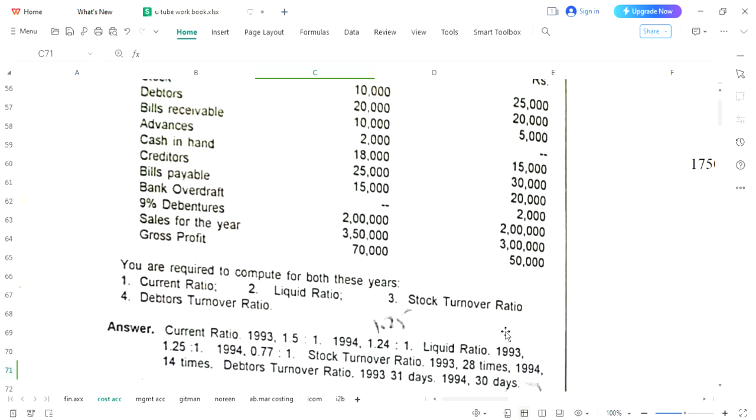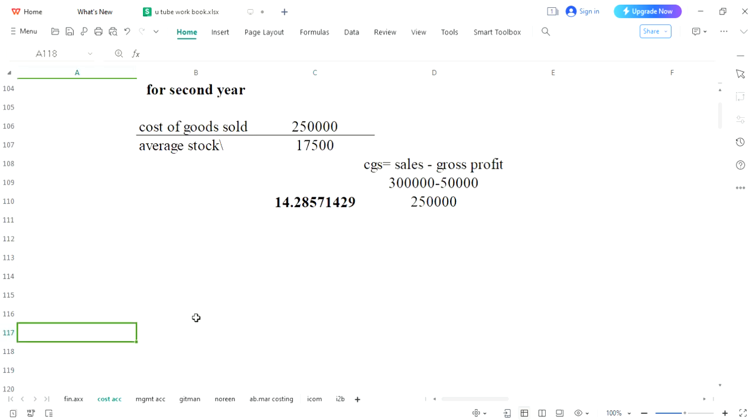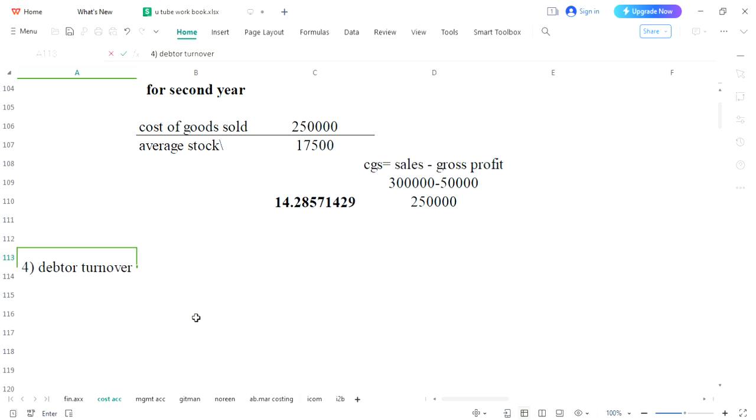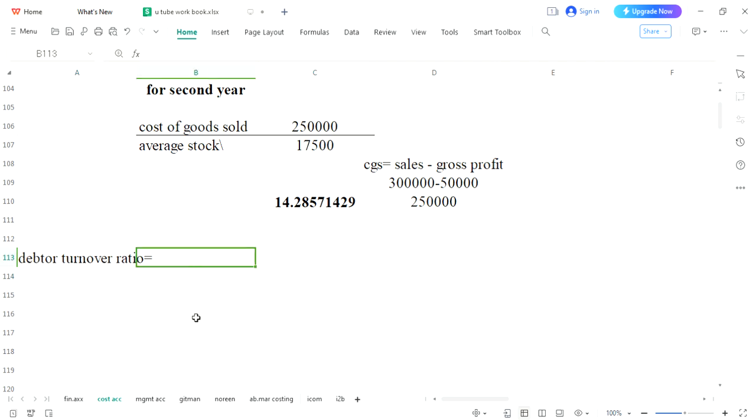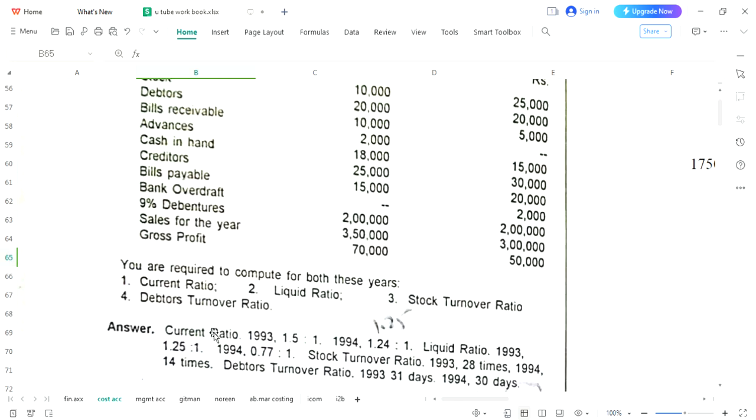Now the last formula is debtor turnover ratio. This is our fourth formula, debtor turnover ratio. And how would you calculate debtor turnover ratio? But one more thing I would like to explain to you. Look over here. Answer is in days.